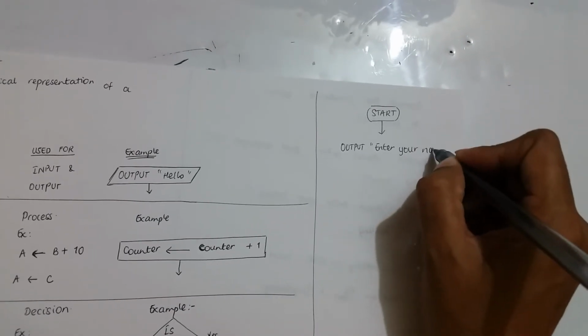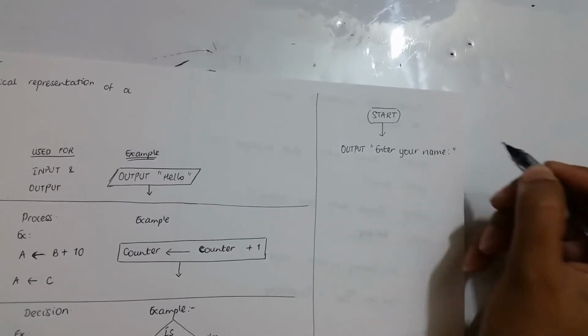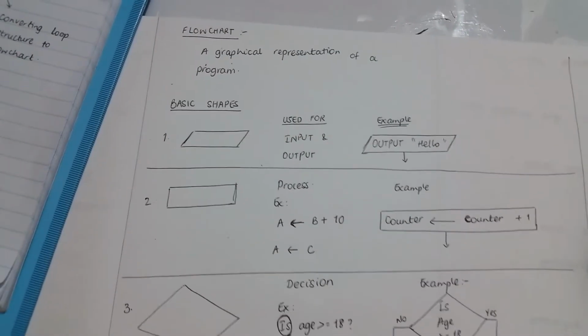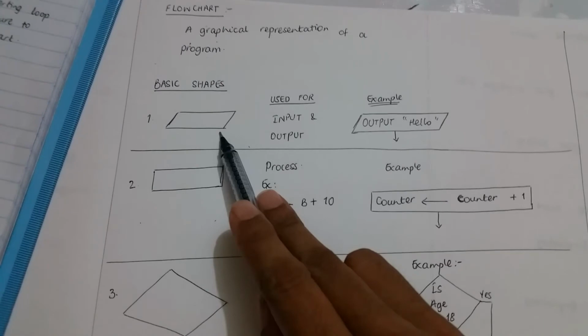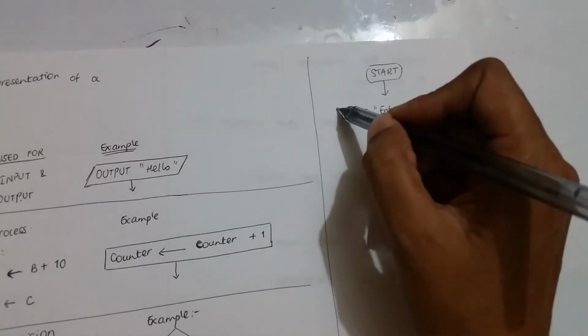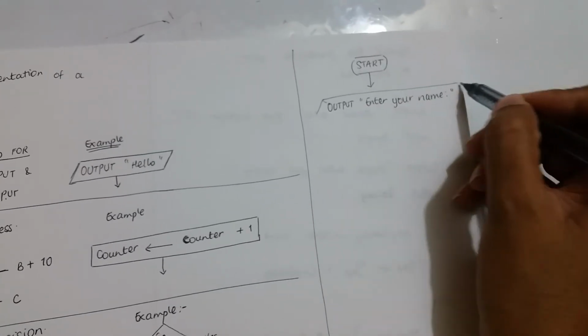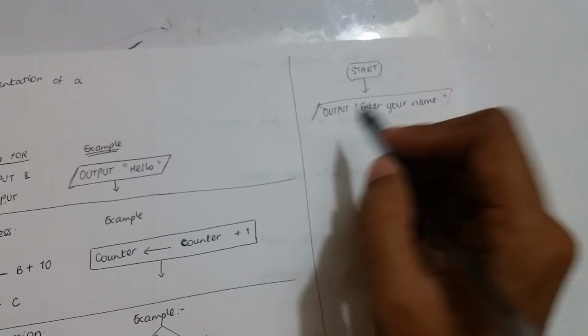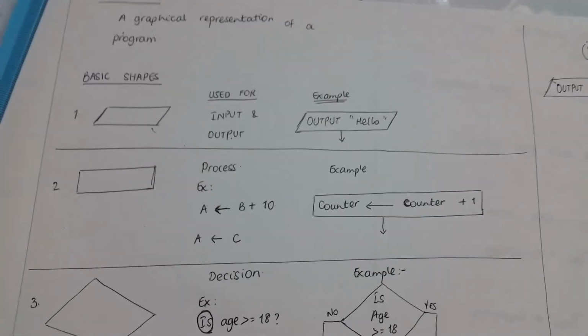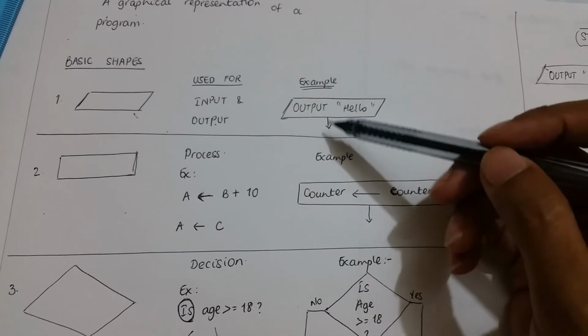So given that you have an output instruction, I am going to use the parallelogram shape, which is for the output instruction. Again, as per the rule, the parallelogram has only one outgoing arrow, so I am going to have one outgoing arrow.